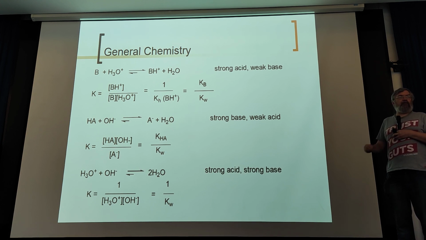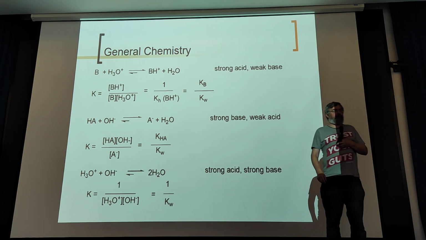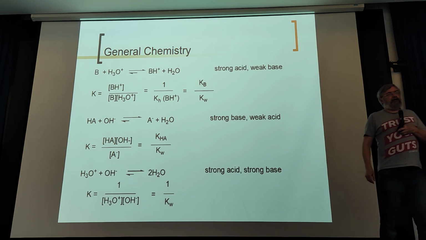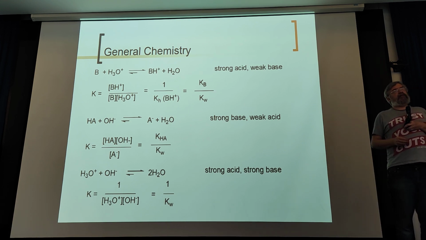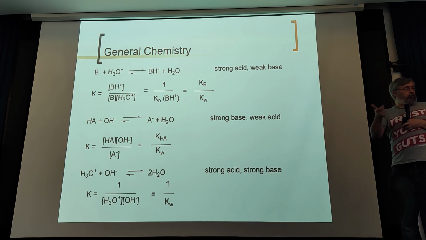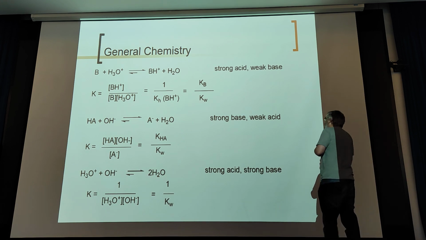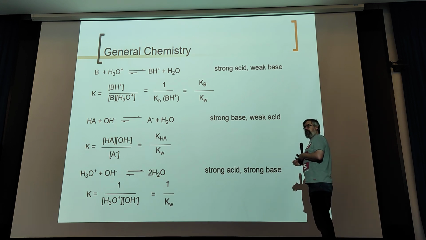So it's 1 over the hydrolysis constant. And we know that the hydrolysis constant is Kb, the base ionization constant, divided by the autoionization equilibrium constant of water. So the reciprocal is just interchanging. Now it's Kb divided by Kw instead of the other way around.